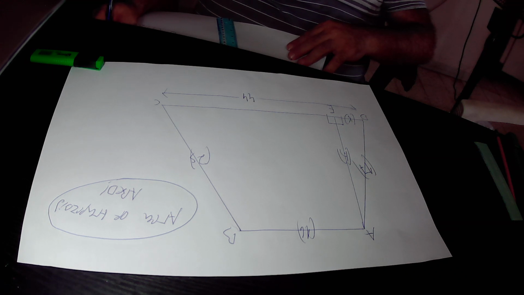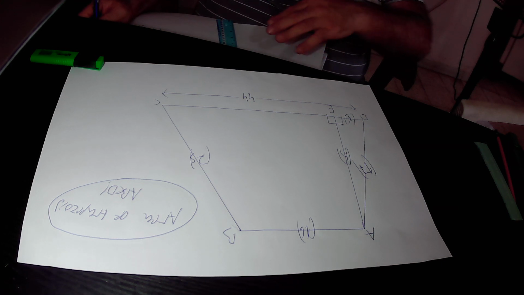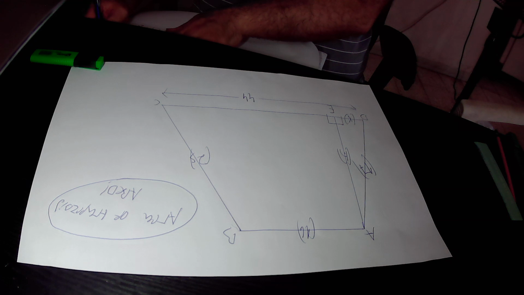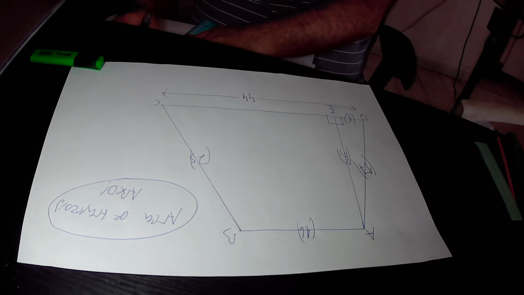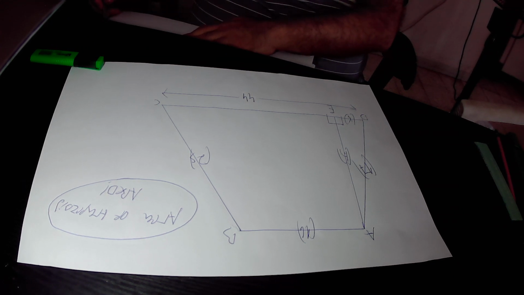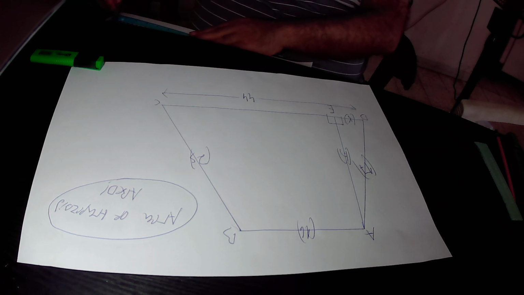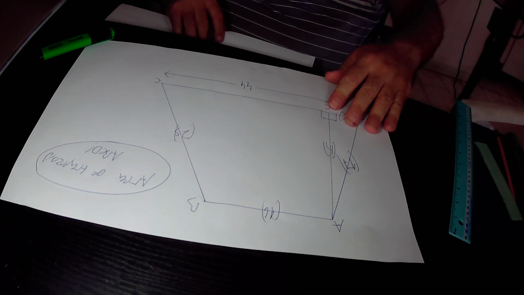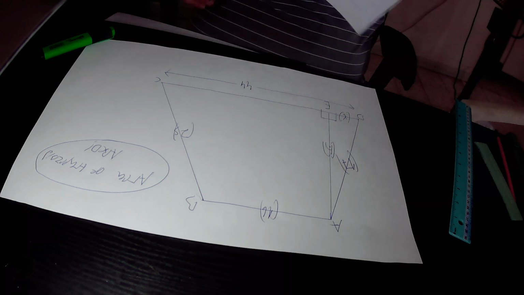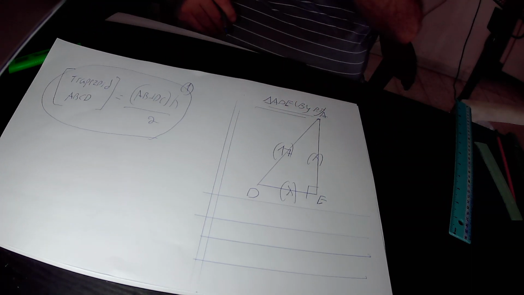Here is a proportion for the Pythagoras theorem. Actually, this is the right triangle ADE from the original drawing.